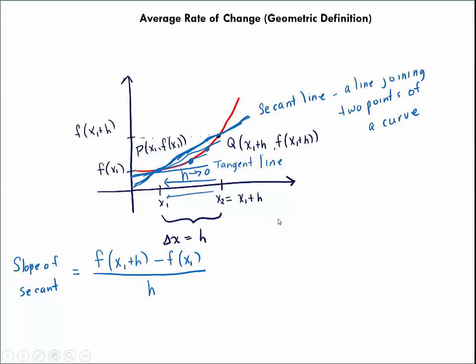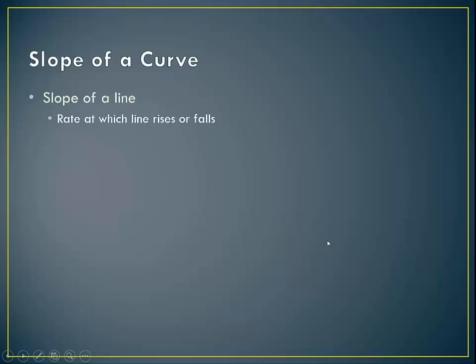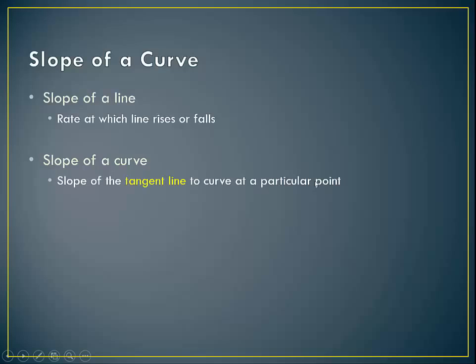So we're going to allow this Q to get closer and closer and closer to where we're only touching P in that one spot. And so a slope of a line is the rate at which the line rises or falls. A slope of a curve is the slope of the tangent line to the curve at a particular point.